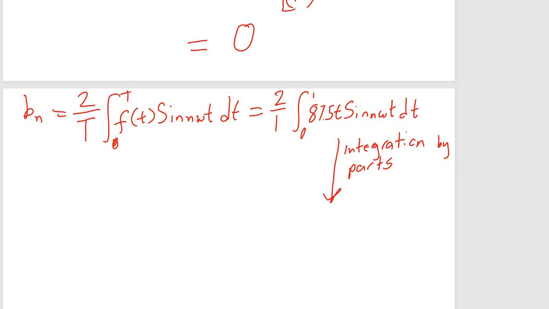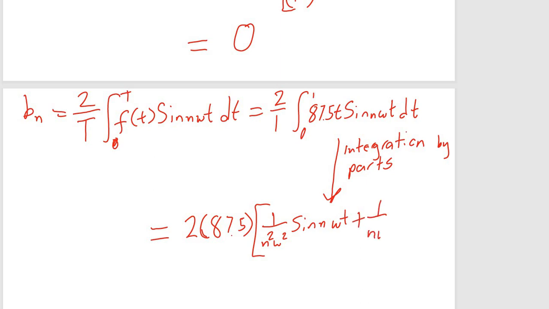The final expression for bn is 2 multiplied by 87.5, then open bracket 1 over n squared omega squared sine n omega t, plus 1 over n omega multiplied by t cos n omega t, close bracket, with limits 0 to 1.